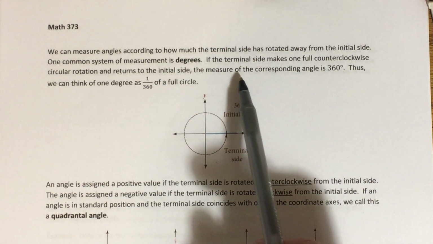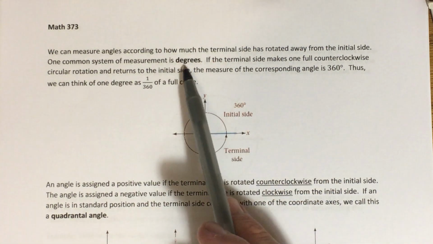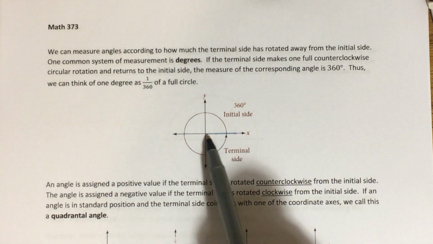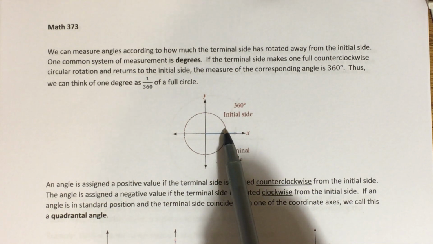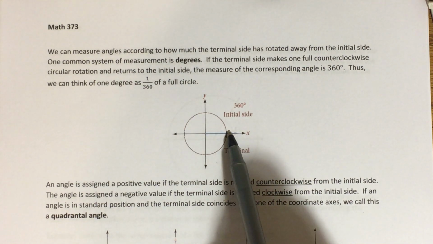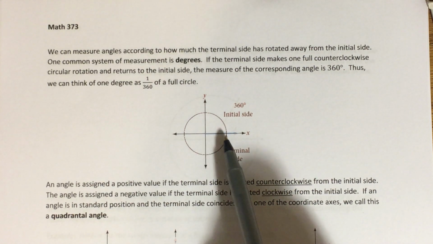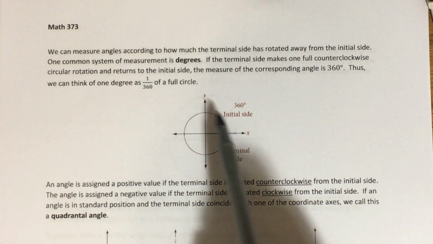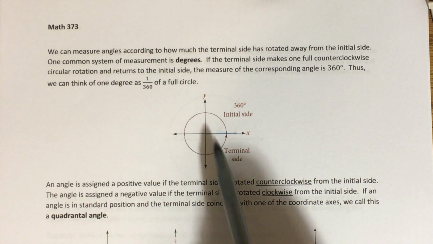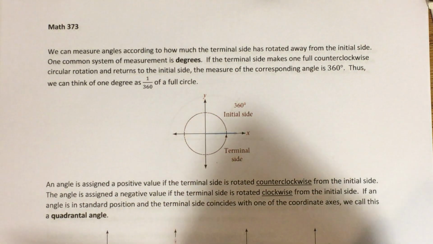So the way that we think of a degree is if you were to measure an angle by taking the initial side and then the terminal side, having it rotate in a complete circle and coming back to the initial side overlapping again, thinking of that full circle as an angle. We call the measure of that angle 360 degrees.